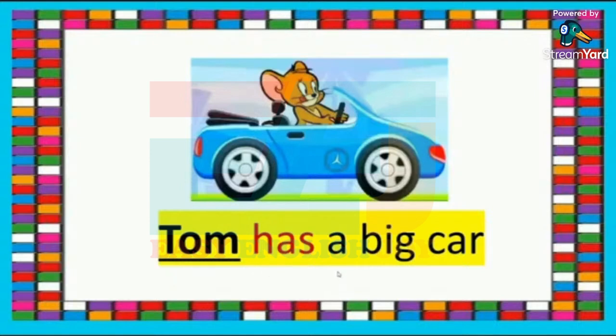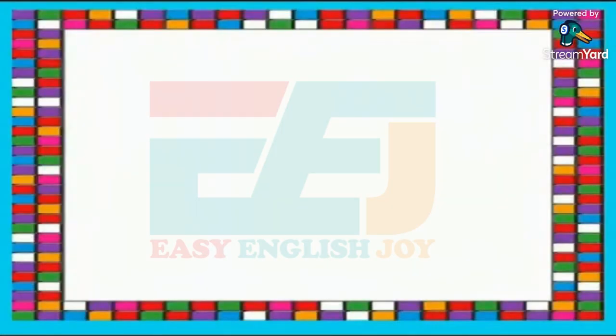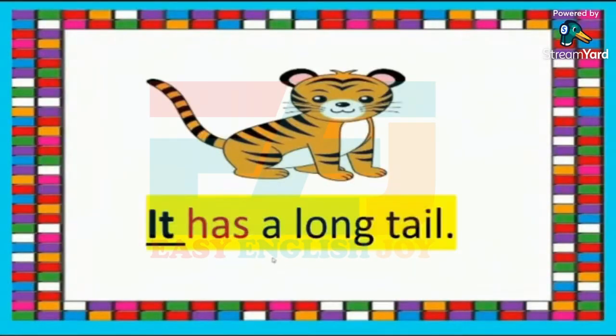Tom has a big car. So Tom is singular, so we use has. Tom has a big car. It has a long tail. Alright?